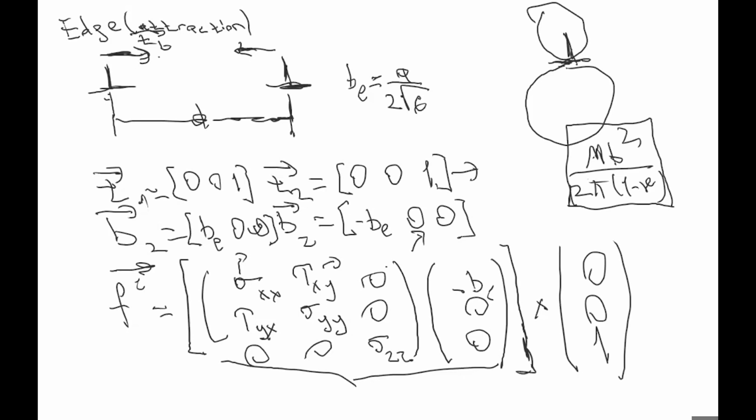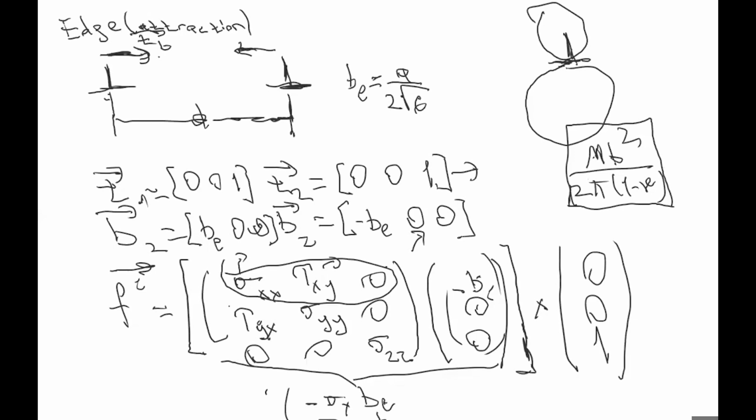This guy times this guy, sigma x times Burgers vector of an edge dislocation. So I'm taking this and multiplying it with this. We have 0, 0. Then this guy times this guy, which is tau yz times minus b a. Then the third column is basically 0. Then 0.